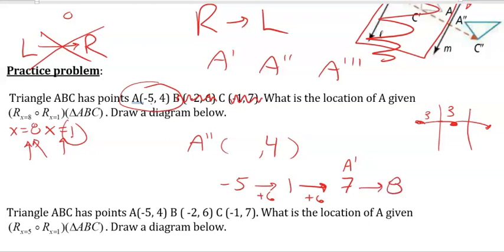What do I have to do? 7 going to 8, add 1. So what am I going to do to go away from the line of reflection? Add 1 again, and that puts me at 9. A double prime is going to have an x coordinate of 9.